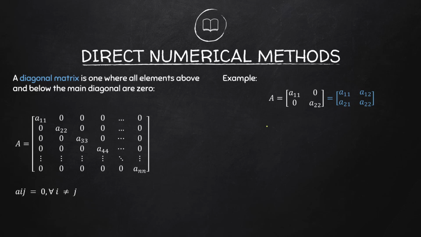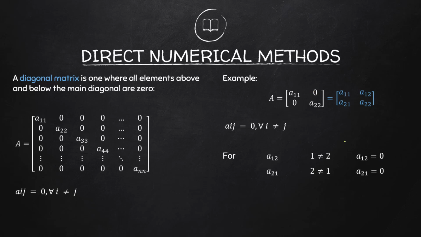For this one, we need to satisfy this condition for it to be called a diagonal matrix. For A12, 1 is not equal to 2, or the column position and the row position are not equal. We can check if that is equal to 0. Yes, it is equal to 0.